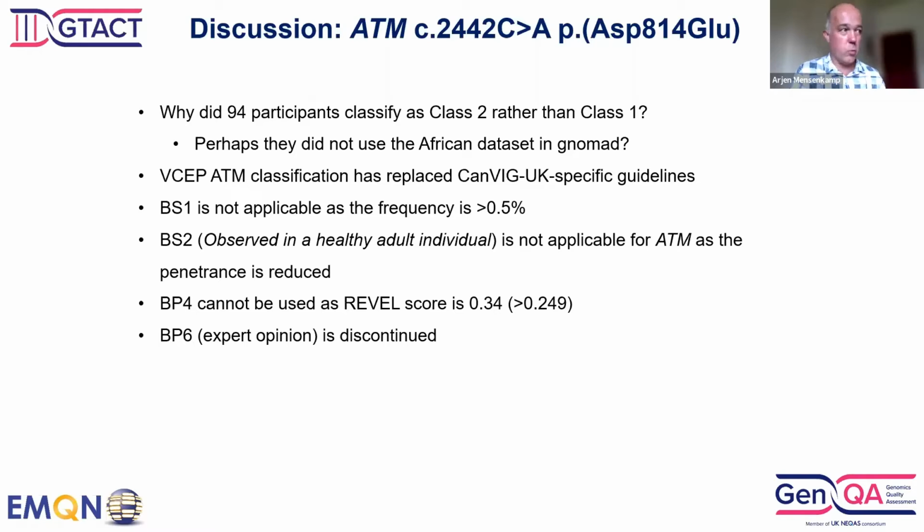BP4 is also a good one, but if you follow REVEL, and that is written in the VCEP ATM classification as the sole source of classifications, the score is 0.34, which is too high to call it BP4. BP6, which has been used by some of you, so that is expert opinion, is by using a ClinGen rule discontinued. Next slide, please.